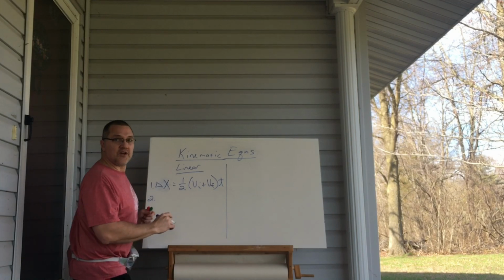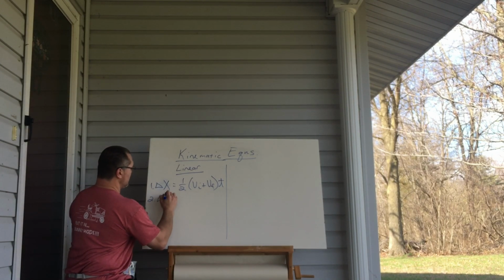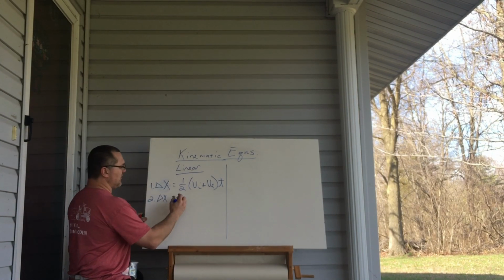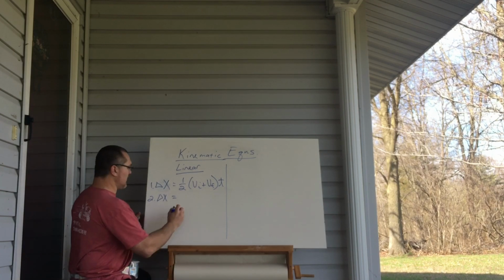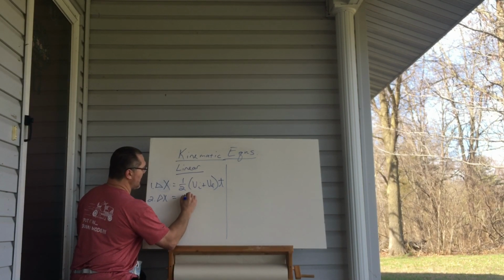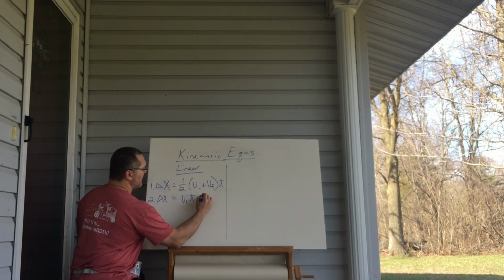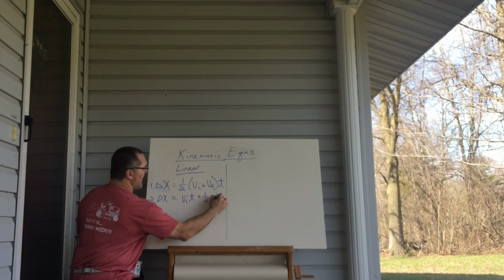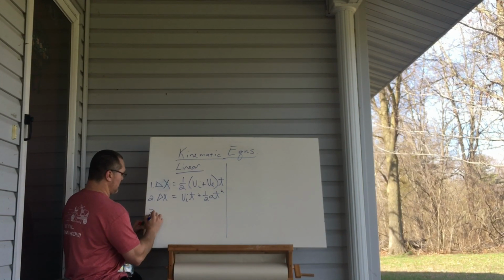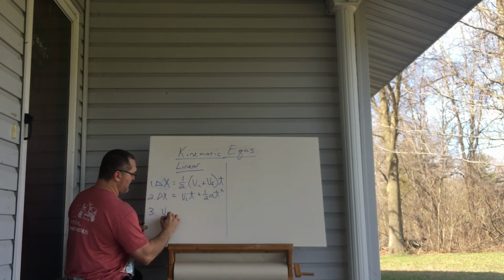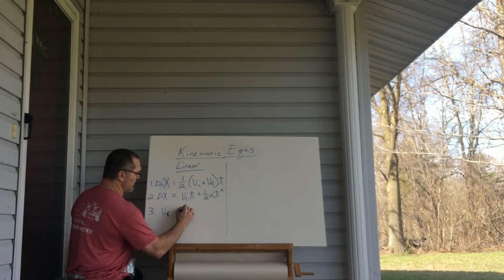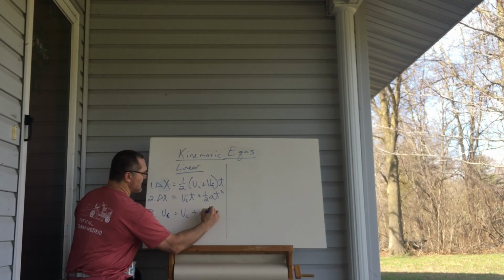Number 2, the change of x is equal to Vi times t plus half a t squared. Number 3, Vf equals Vi plus at.